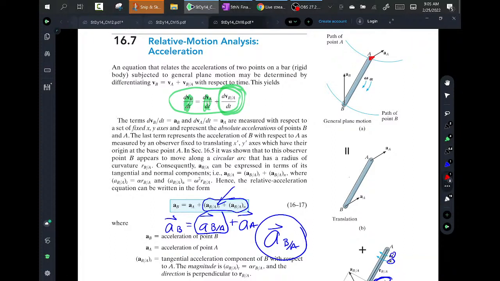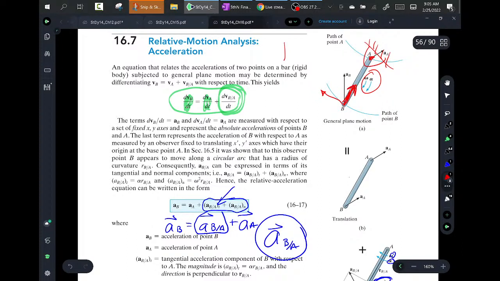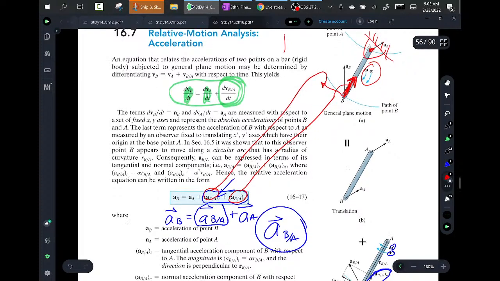This rod here, the acceleration that you see as if you are pinned to the ground, would be such that you would have an acceleration around you. If it were this direction, you would have an acceleration tangential, and you would have a centrifugal component. And so what he's calling his normal is the centrifugal component. The tangential is the component along here.